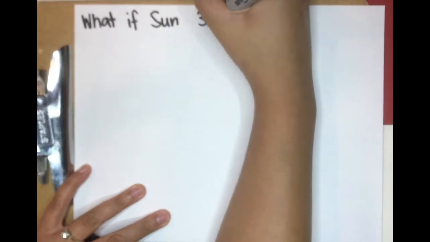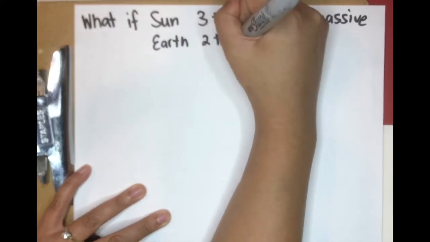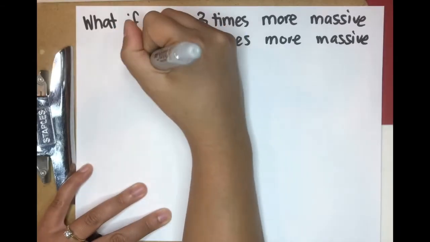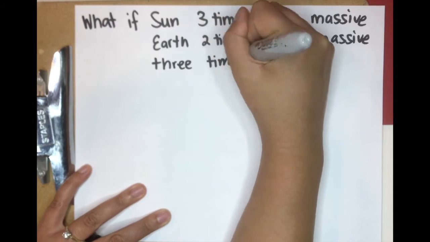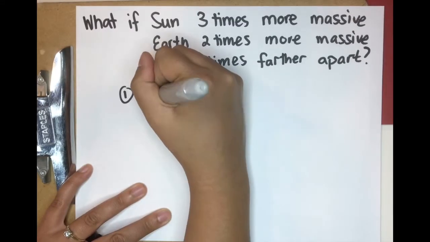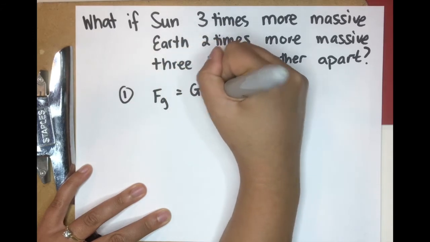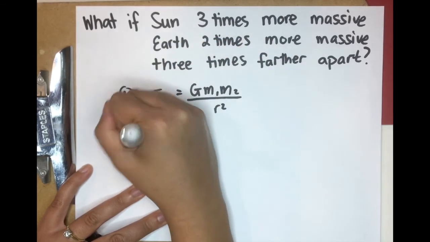We can use it to do many changes at once. So what if the sun were 3 times as massive and the Earth was twice as massive, but these objects were farther apart than they currently are? Let's say they're 3 times farther apart. We could substitute all of those changes and the steps stay the same. So step 1, write the original equation.